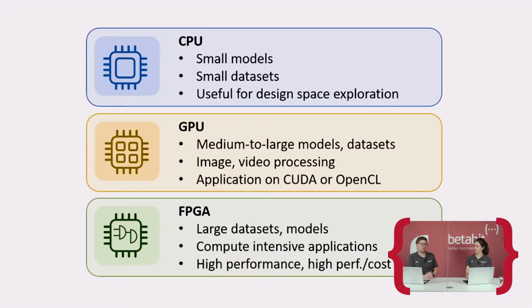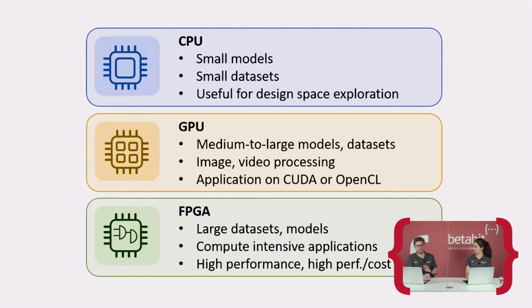You could think of that as being for something with a smaller model with not that much data. If you're thinking about exploring your data, fine, use some CPU. If you're not sure what to use, use CPU. It might not be the fastest, but it's definitely going to be the cheapest option available.